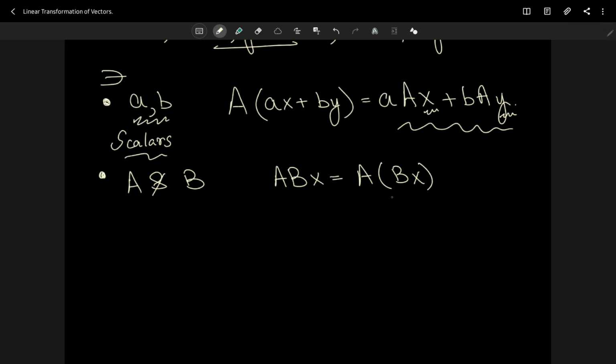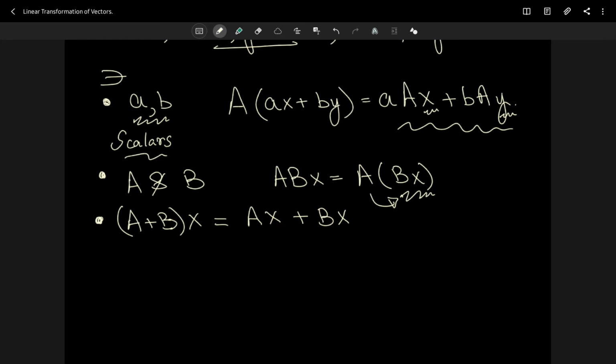That is just a new vector for A to act on, right? Okay, and so finally the last one is that the sum A plus B on x is equal to A on x plus B on x, right?